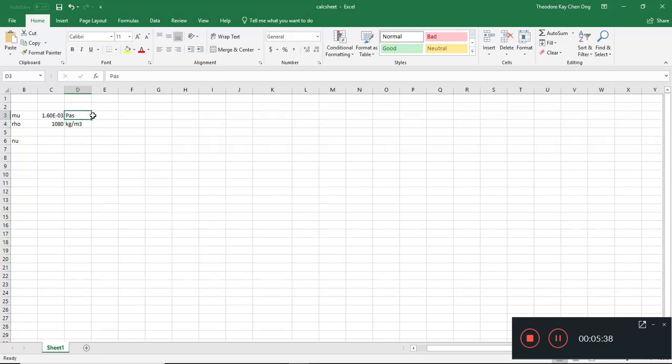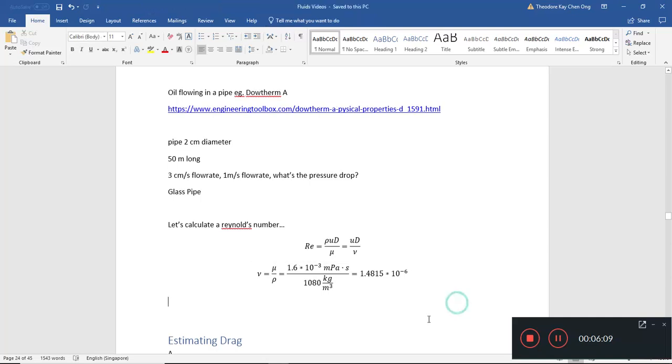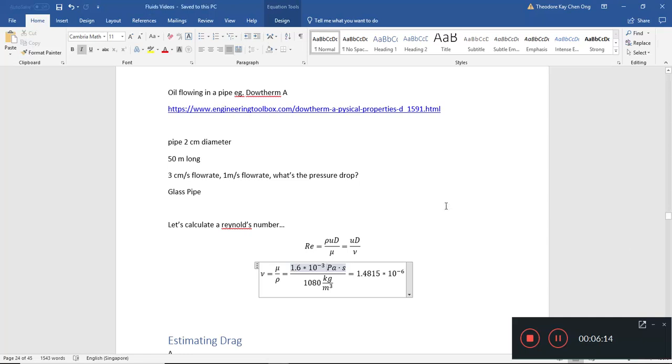Pascal seconds. So the nu here will be this divided by this. Oops, other way around. This divided by this. 1.48 times 10 to the minus 6. Of course, we can increase the number of decimal places. So it's 1.4815 times 10 to the minus 6. I'm a bit lazy to write out the SI units here.